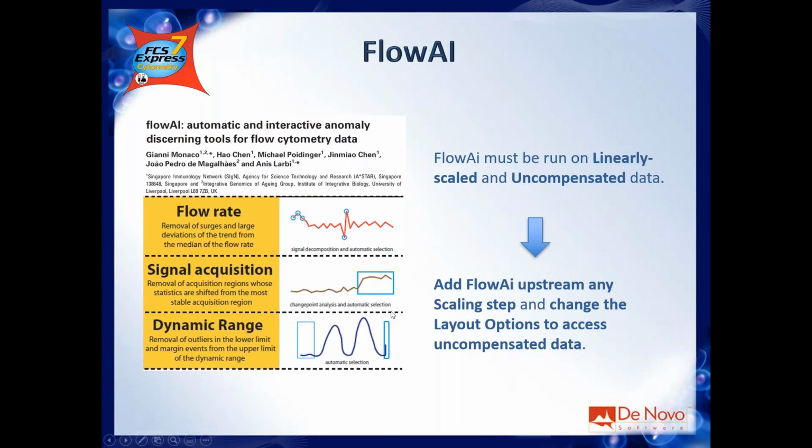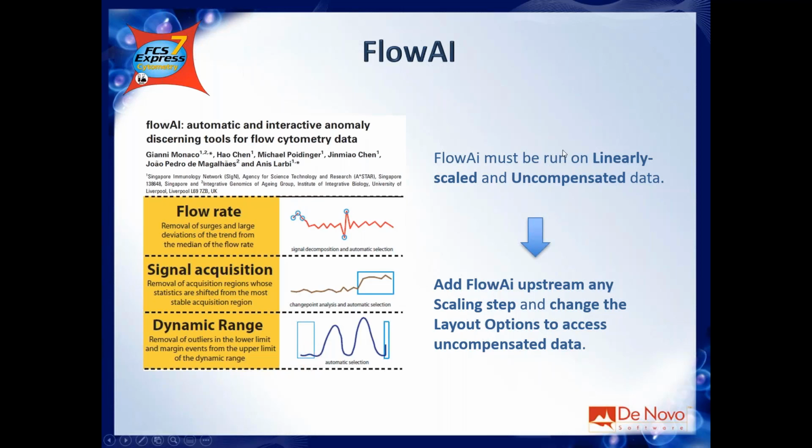Last but not least, dynamic range. Every instrument has a last channel, let's say 200,000. Every event brighter than 200,000 is simply recorded as 200,000. You don't know whether it's 200,001 or 2 million. So Flow AI can remove those outliers and can also do the same in the lower range.